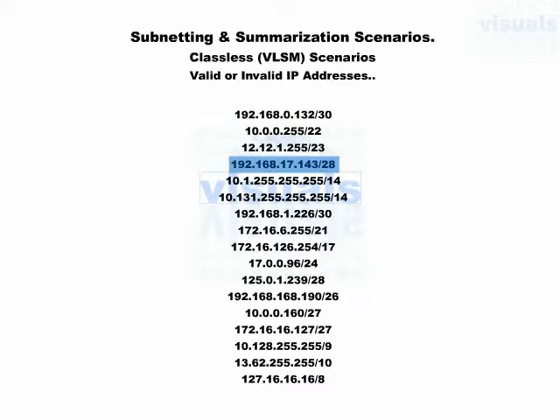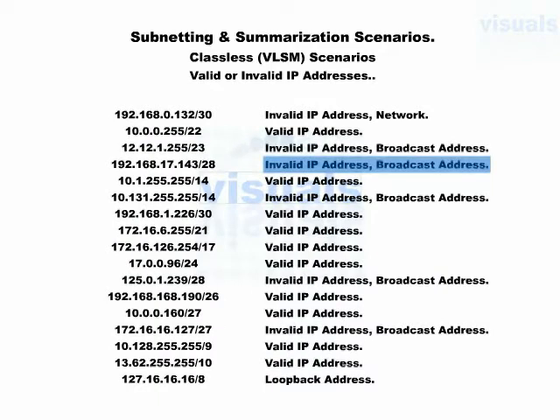The valid IP addresses for this range are from 129 to 142, and the broadcast address is .143, and the next network address is .144. Let's see the right answer. And yes, it is an invalid IP address. It is the broadcast address. So let's move towards the next example.